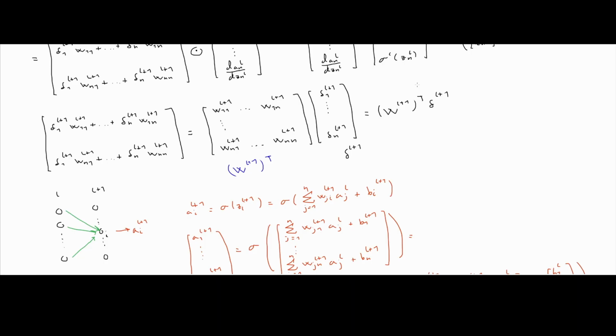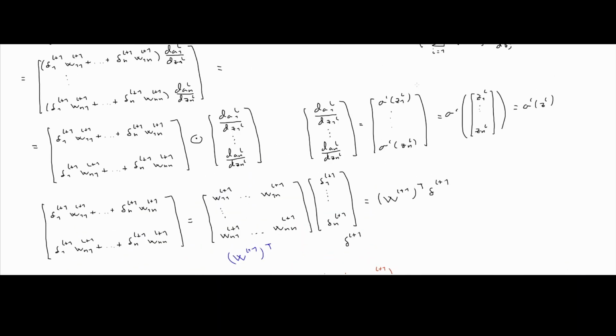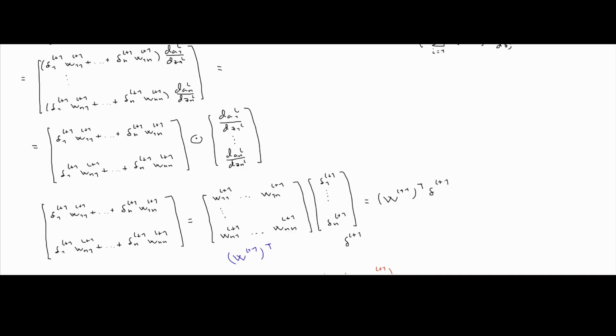And so if we backtrack a bit, we saw that this vector could be denoted as follows using the weighted input vector at layer L. And so this entire Hadamard product becomes this vector, which was given by this matrix vector multiplication. And so we have W L plus 1 transposed multiplied by delta L plus 1.